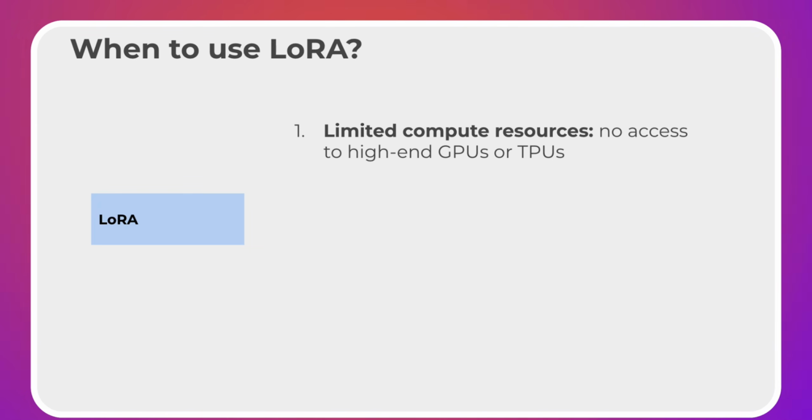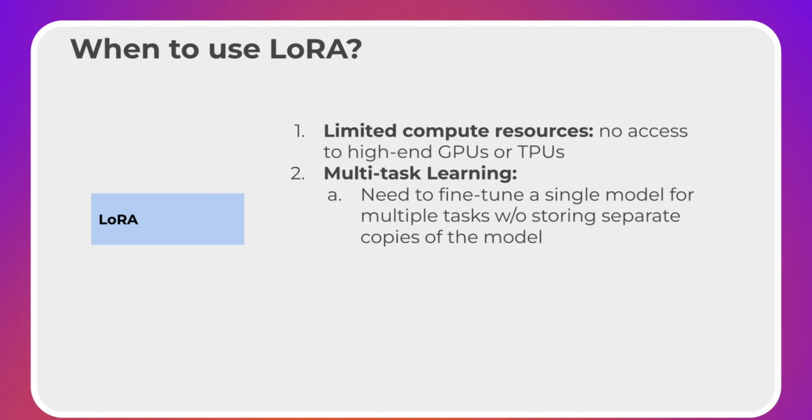Now, when to use LoRA? Well, we want to use LoRA when we have very limited compute resources. You have no access, in this case, to these high-level GPUs and TPUs, then this would be a good candidate. When we want multitask learning, in this case, we need to fine-tune a single model for multiple tasks without storing separate copies of the model. This will be a good technique to use.